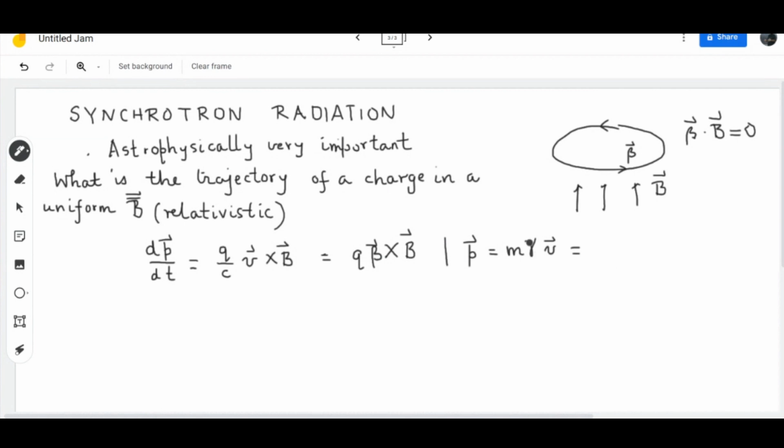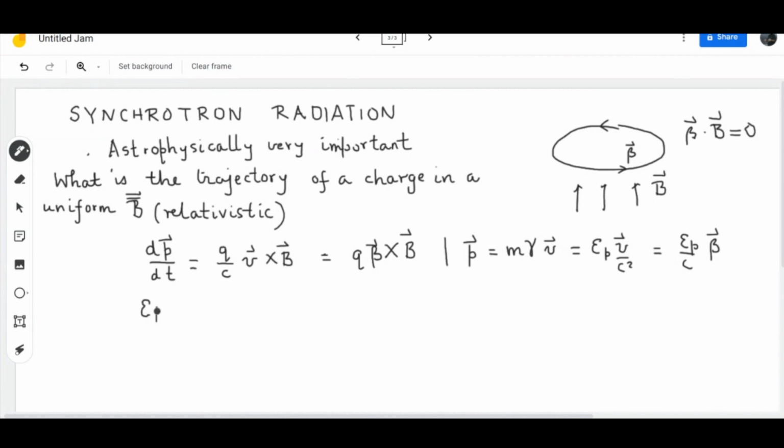So the momentum is E V by C squared, or you can write this as E by C times beta. And the energy, of course, is unaffected because the only thing that changes in this motion is the directionality. So I can plug this in here and I'll get an equation.